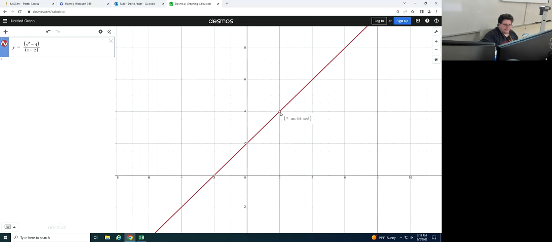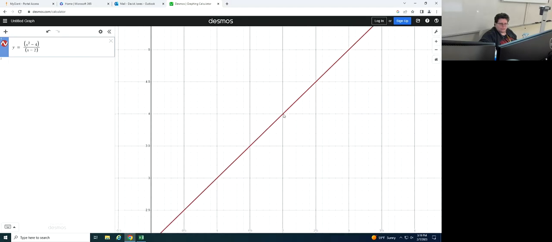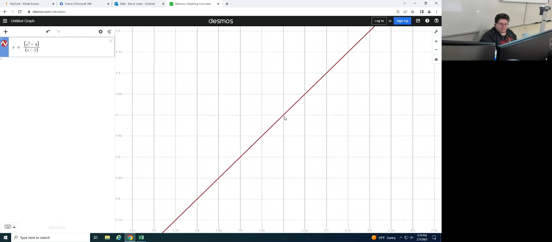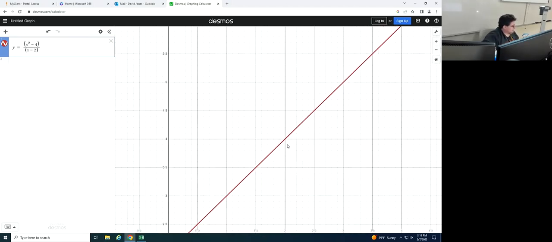In fact, over here the dot is solid, but as soon as I get to the undefined spot, it shifts into a hollow dot to say that the graph doesn't really exist there. Unfortunately, in Desmos it doesn't matter how much I zoom in, it's always going to look like it exists there, until I hold down the button. So it doesn't matter how close I get, it still works.